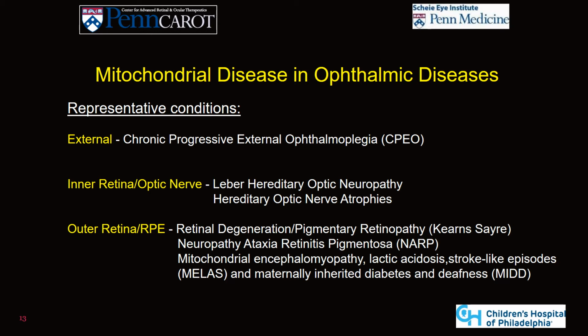Examples of diseases that primarily affect the optic nerve and the inner retina are Leber's hereditary optic neuropathy and, in general, optic nerve atrophies that are genetic in origin. And in the outer retina and retinal pigmentary epithelium, you have Kearns-Sayre, NARP, MELAS, and MEAD.